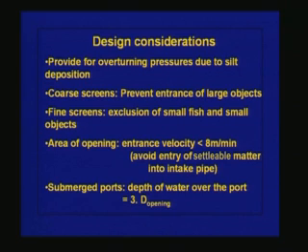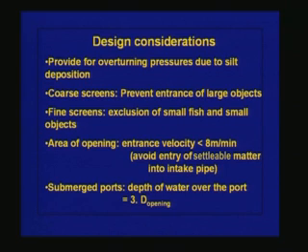Other important parts of the intake structures are the coarse screens. Coarse screens should prevent entrance of large objects into the intake structure and into the pumping scheme, and fine screens are also used, the purpose of which is to prevent the entry of small fish and small objects into the pumping scheme.